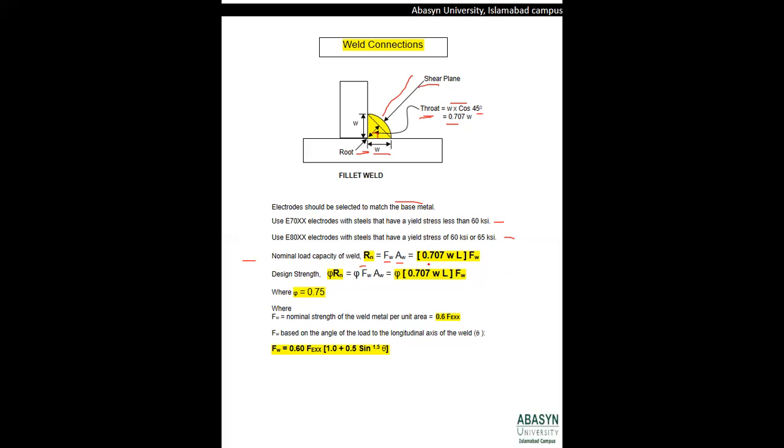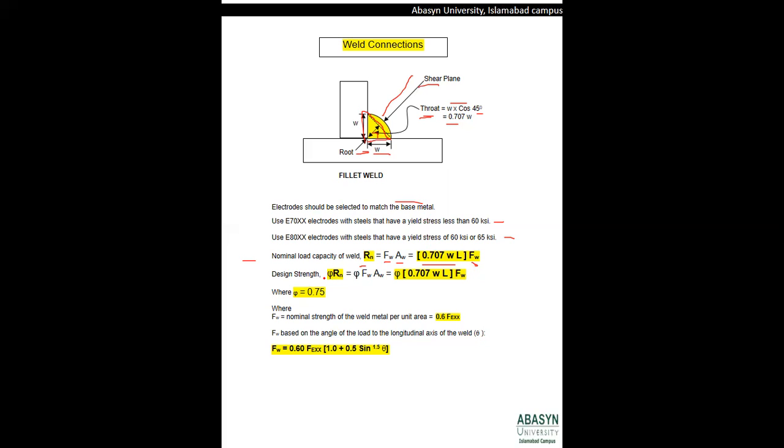The area of the weld is 0.707 W times L, where L is whichever length of the weld you continue for its welding in the other directions. So Rn is multiplied with Fw, the strength of the weld, and the area of the weld is 0.707 W times L.